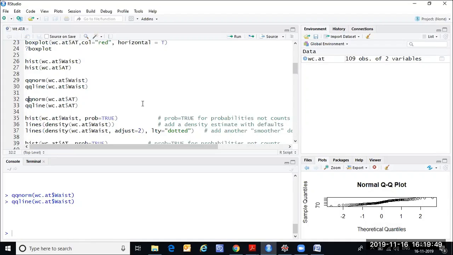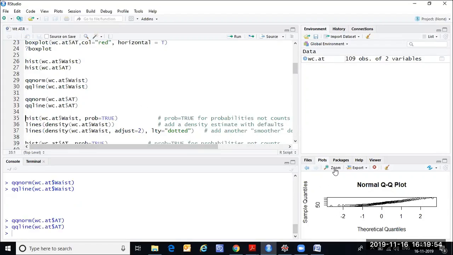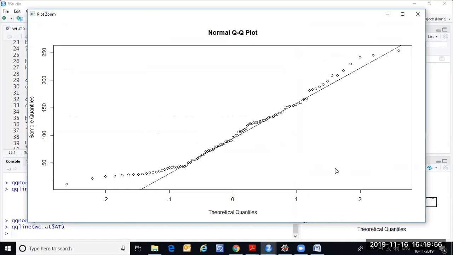Let's check for the output variable, adipose tissue. How about this? This looks like it's following normality, right? Most of the data within the IQR region is falling exactly on the line. There's a little deviation, that is still fine.